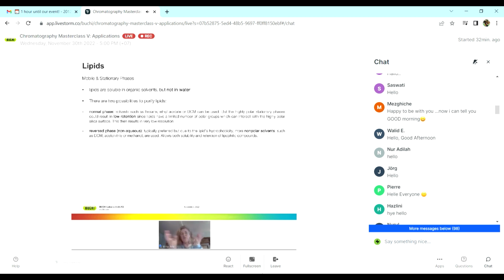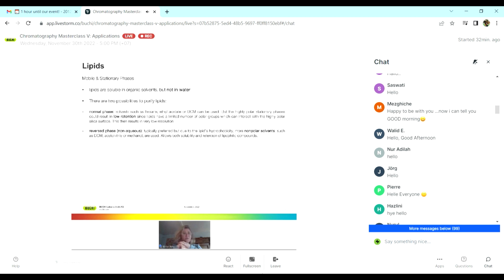Normal phase, what you do, you use hexane, ethyl acetate or DCM. Yeah, that's how it's typically done. But you can also go for reversed phase, but then you would go for a non-aqueous condition.